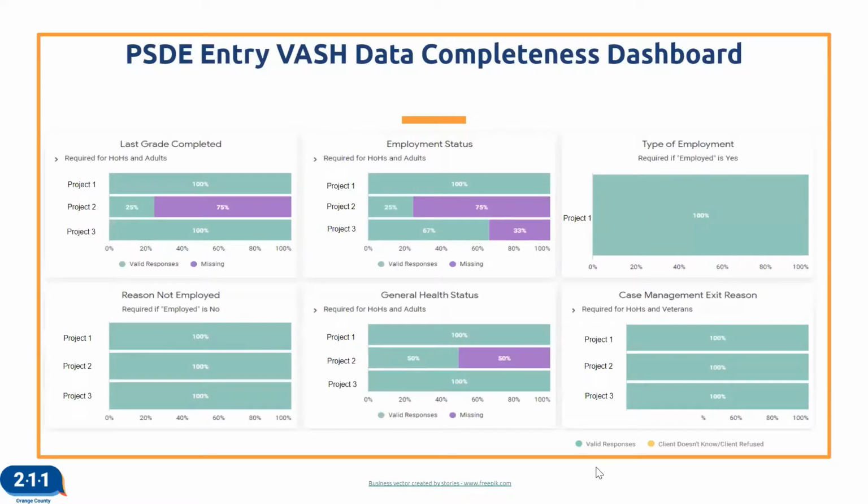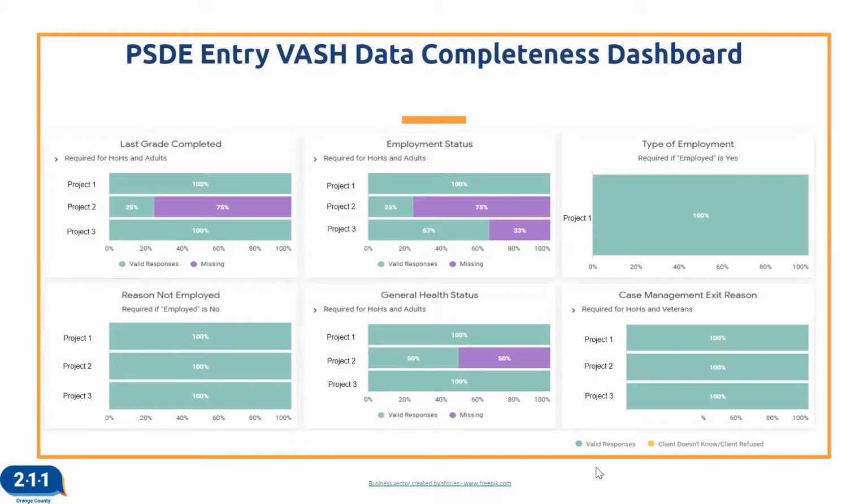You'll see on the screen that there are multiple data elements. The chart shows whether a response is valid in green, which means the response was filled in, or missing in purple, which means the data is not collected or it is blank. For responses in yellow, you'll see client doesn't know or client refused. Based on the information you see, you will be able to update any data completeness error that your agency may have.